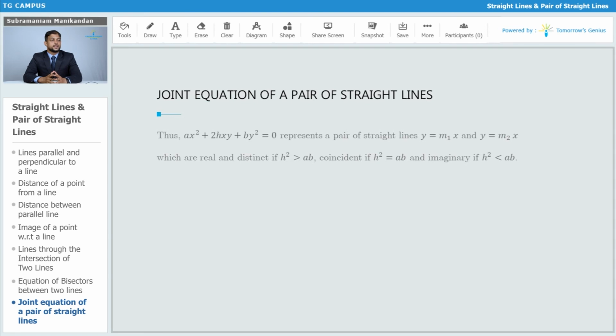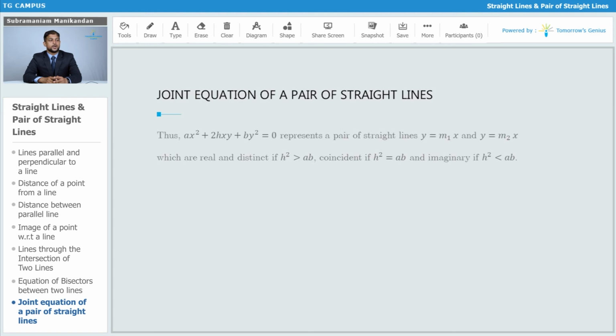As you can see, they form a quadratic with h square minus ab as the discriminant, and that is how you get h square greater than ab, which gives us two different values for the slope, which indicates two different lines.